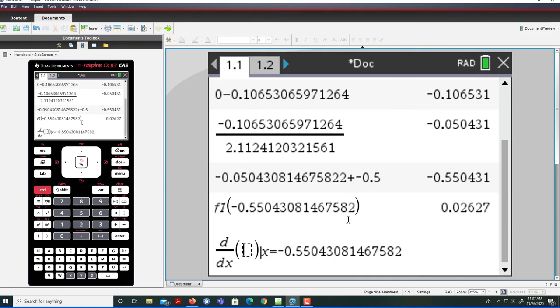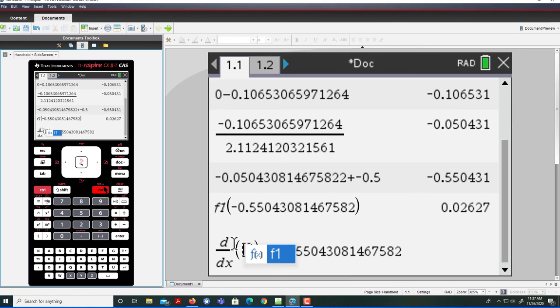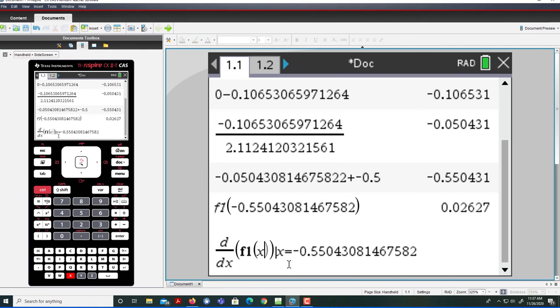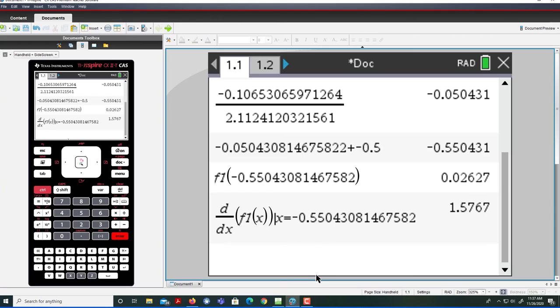Notice I'm letting the calculator copy and paste everything in there. The y value of the derivative is 1.576. So I write my tangent line, 1.576 x plus 0.550 equals y minus 0.026.